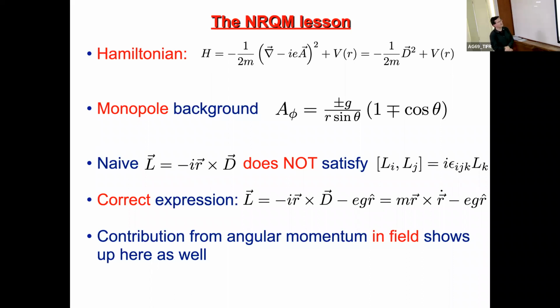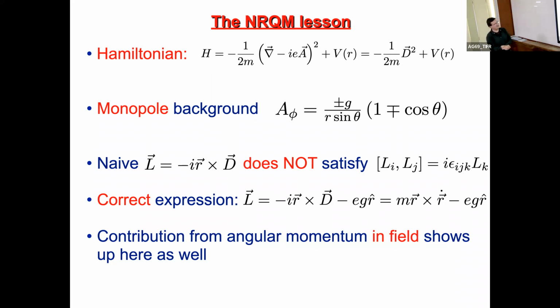Wu and Yang and all those people have told you what the vector potential for the magnetic monopole is, and then you can try to ask the question, okay, so if I now put in the magnetic monopole here, what will be the expression of the conserved angular momentum?